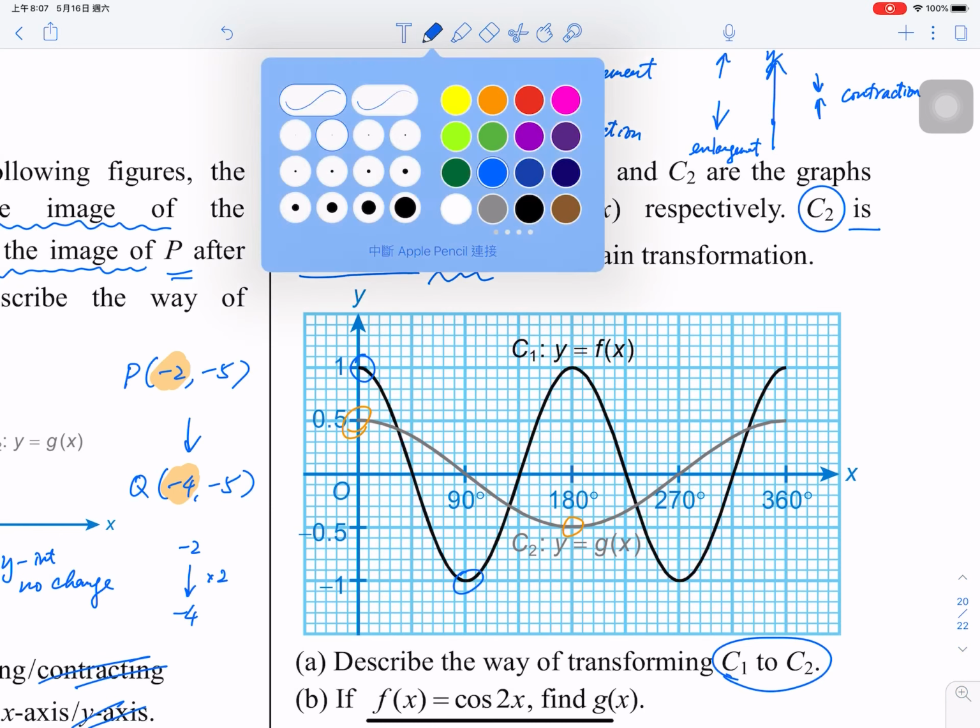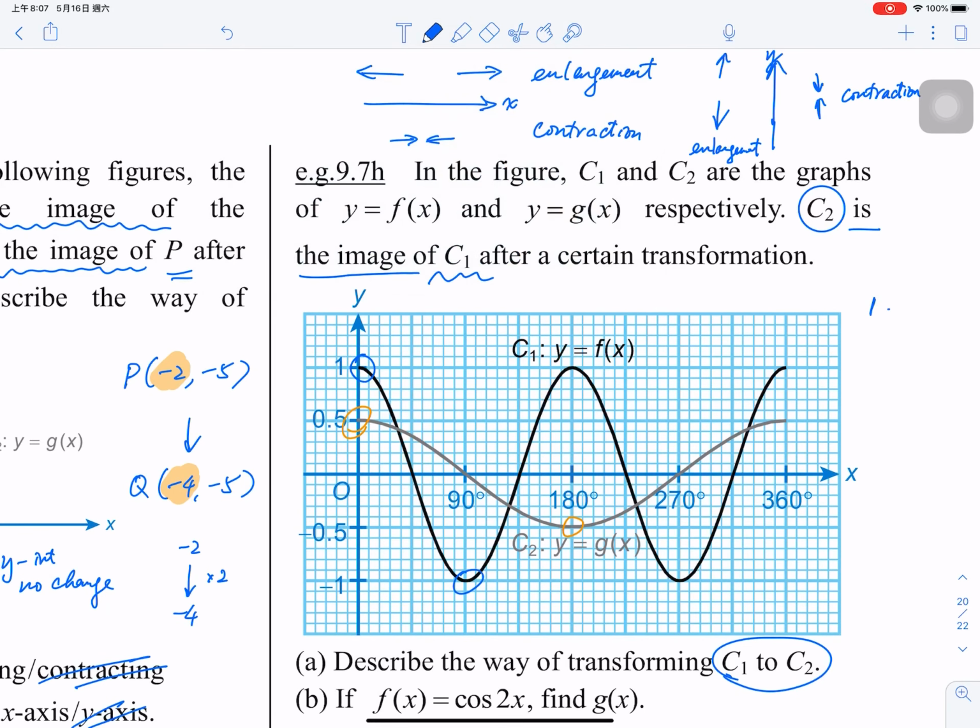That means 1 becomes 0.5, the maximum point, and -1 becomes -0.5. So you found that it is times 1/2. So about y, it should be doing the contraction. Contraction. Okay, how about x?